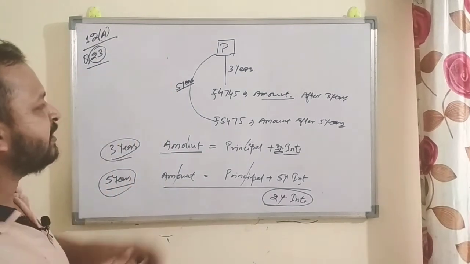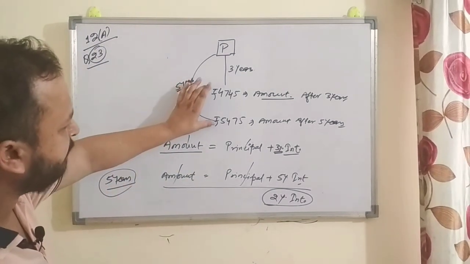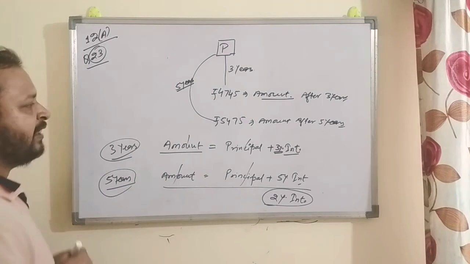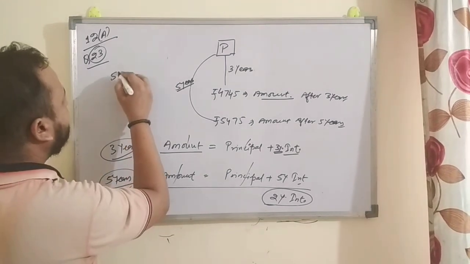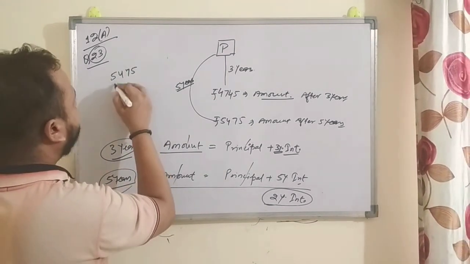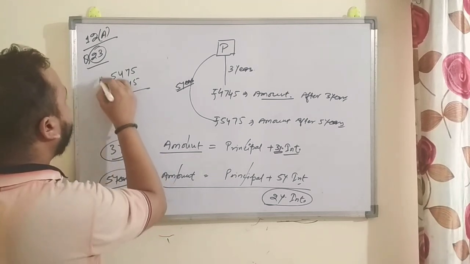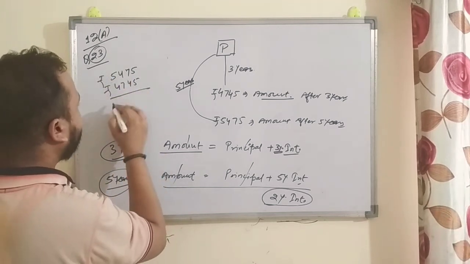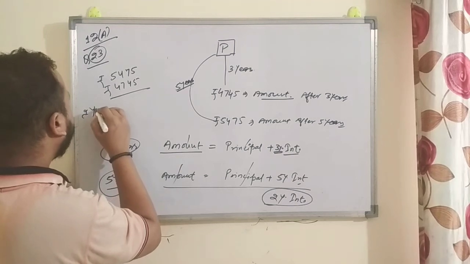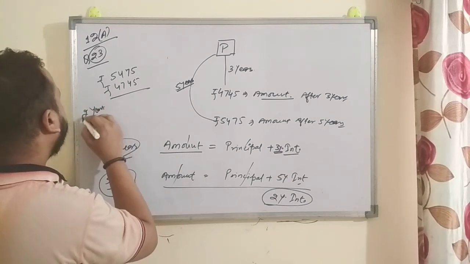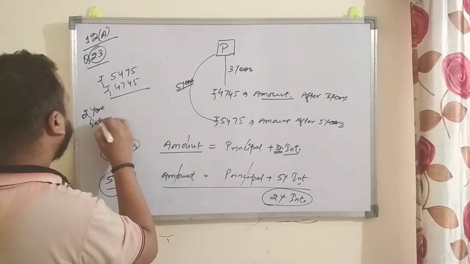So if we subtract these two amounts, 4745 from 5475, we get 2 years of simple interest.